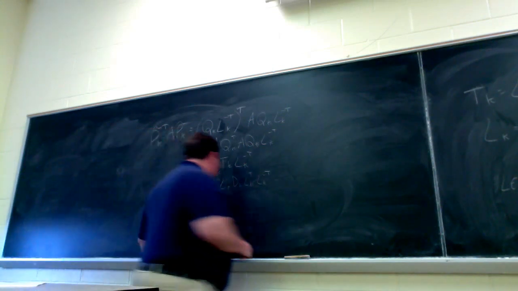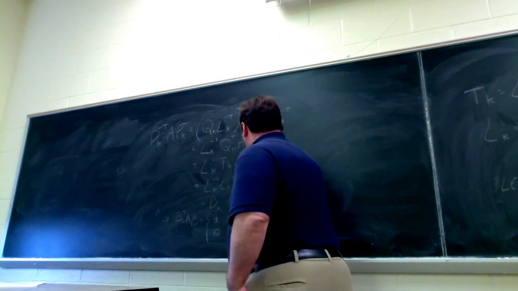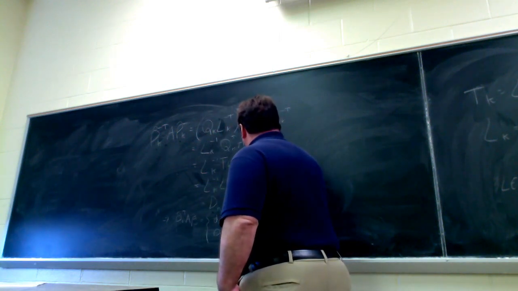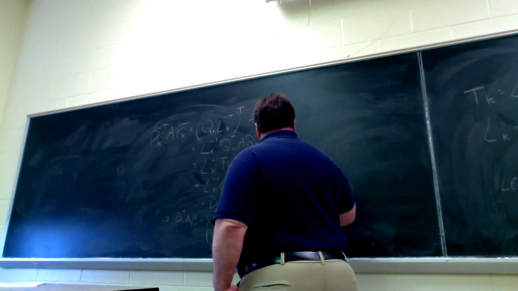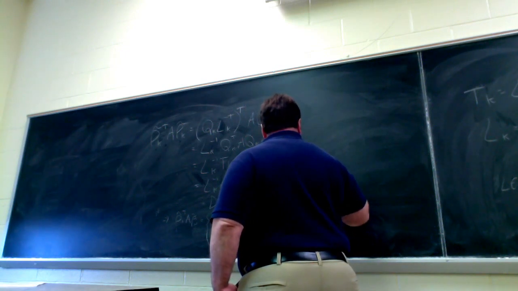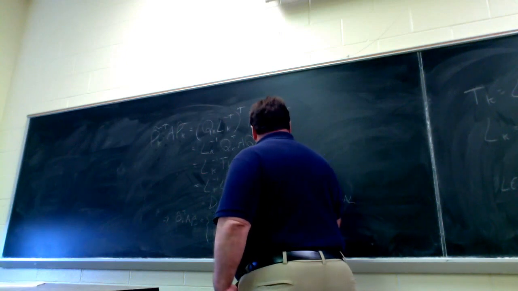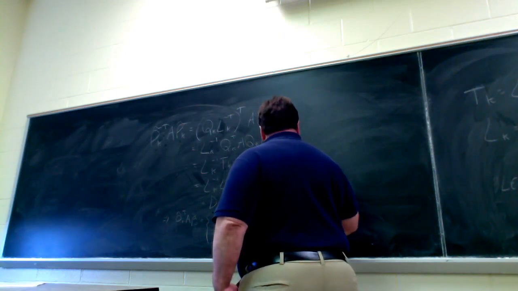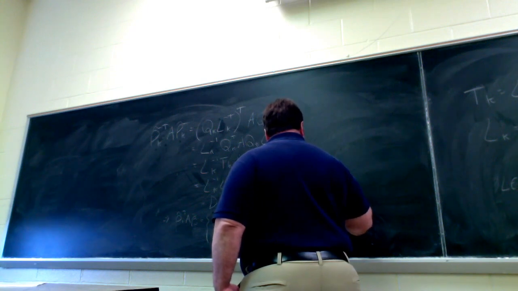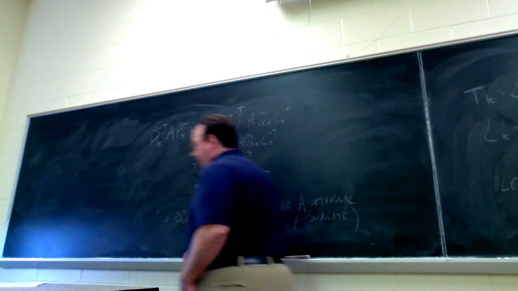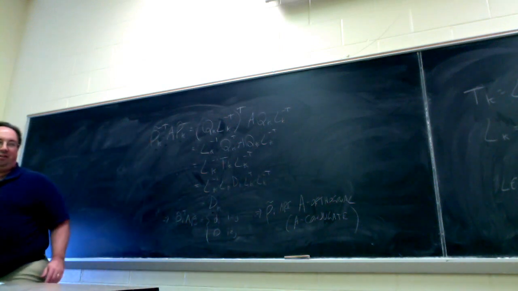So what we can say is these columns are A orthogonal, also known as A conjugate. So they're orthogonal with respect to a different inner product than what we normally do with vectors.